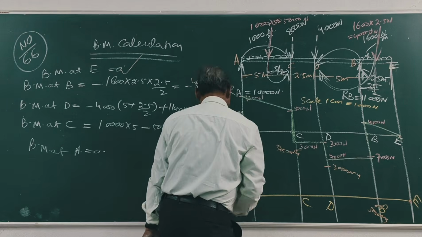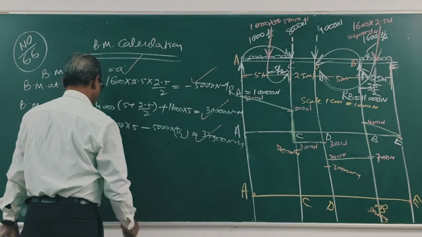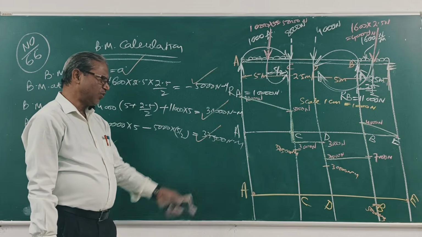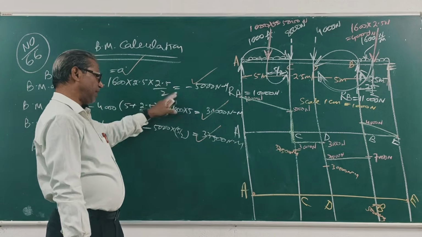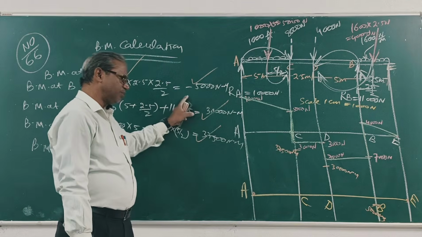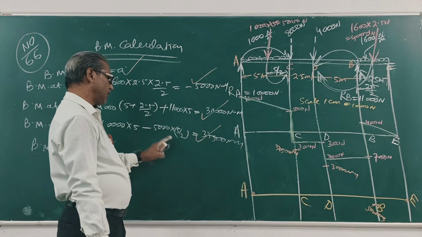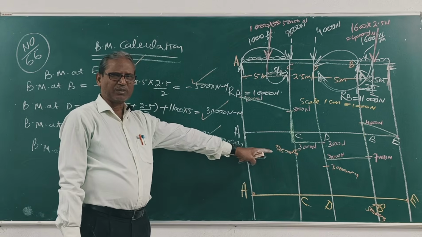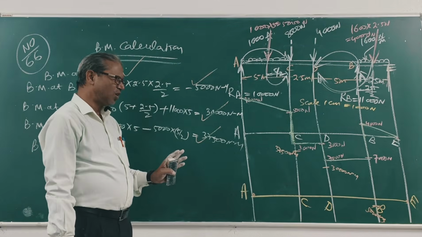At A, 0. Clear? Again I am telling you, BM at E is 0. At B, minus 5000 Newton meter. At C, plus 37,500 Newton meter. At D, plus 30,000 Newton meter. At A, 0. Clear? Draw all the figures.